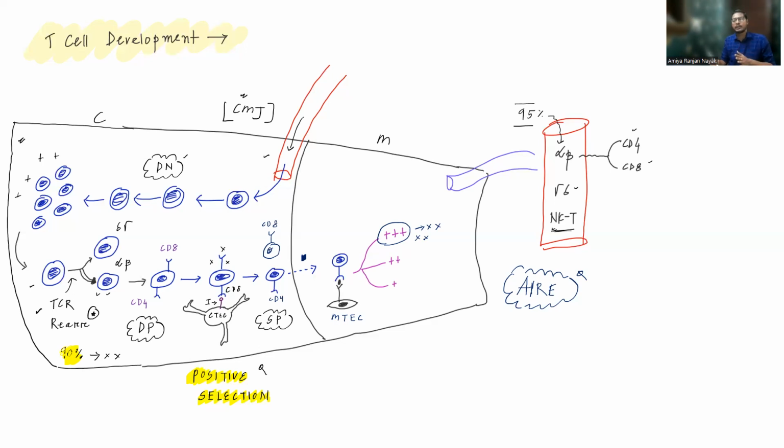If they come to the circulation, they will find self antigens as foreign, and they can mount an immune response against the self antigens. So this is how things happen inside the medulla, and this is known as the process of negative selection.